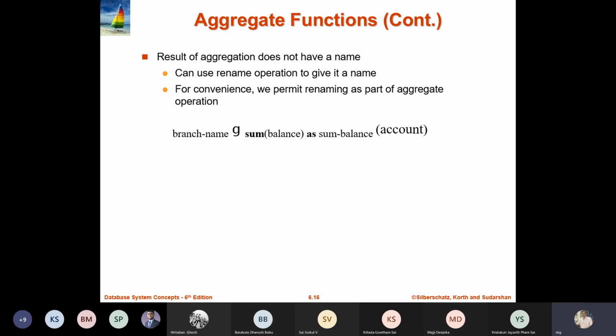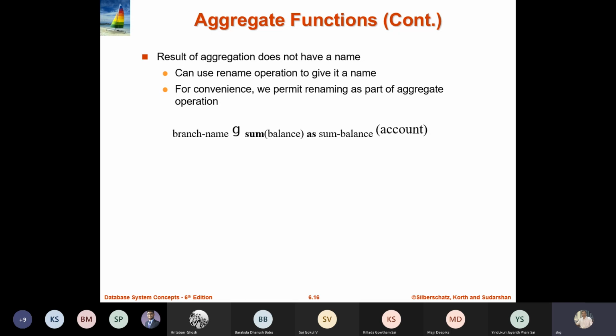The result of an aggregate function does not have a name. We can use the rename operation to give it a name. For convenience, we permit renaming as a part of the aggregate operations.